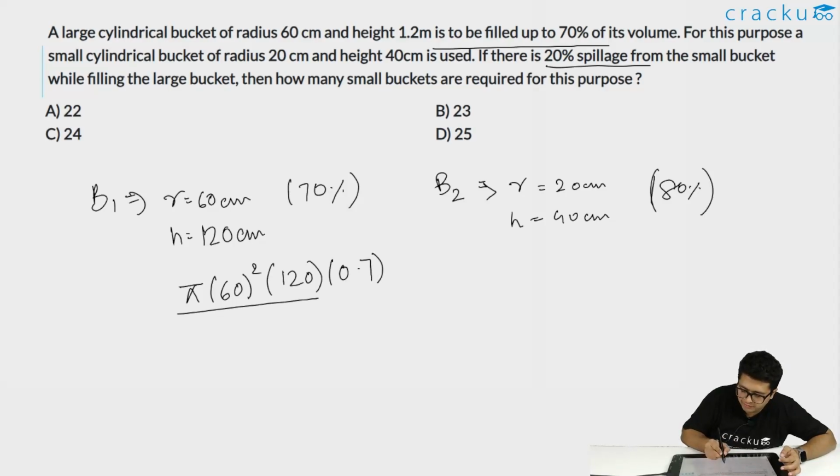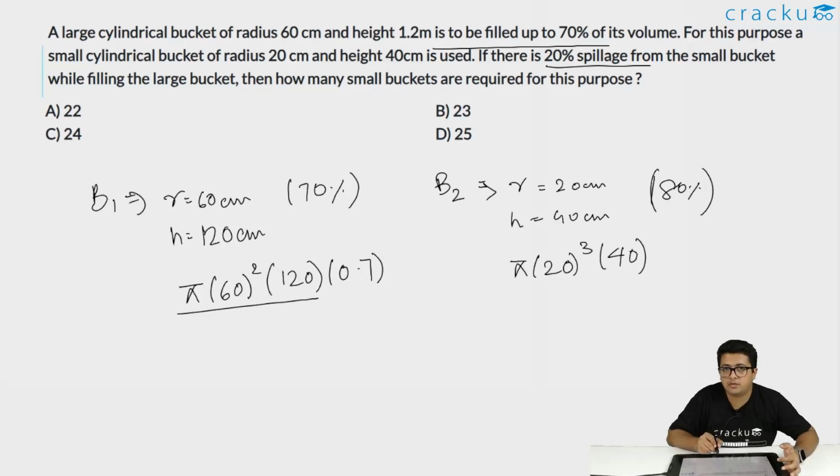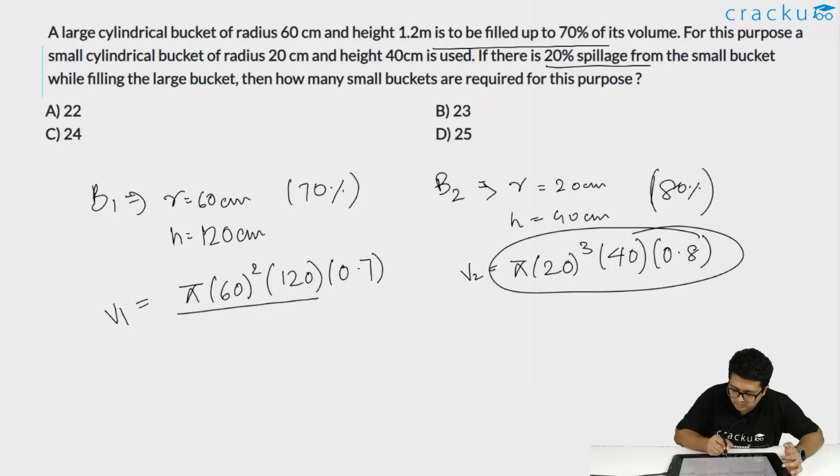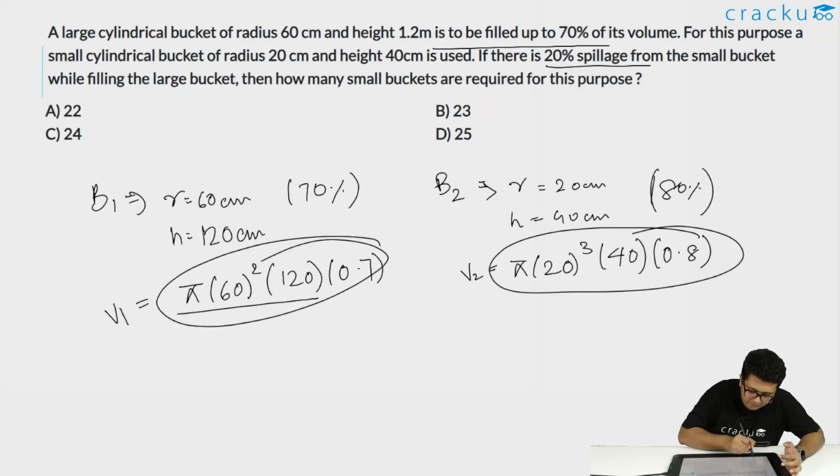The volume of this bucket would be pi r square into h. And now since there is 20% spillage, on average you'll be carrying about 80% of its volume, so 0.8. So this is the volume 1 and this is the second volume. Now we need to find out how many of these volumes are required to fill this volume, which is basically V1 divided by V2.